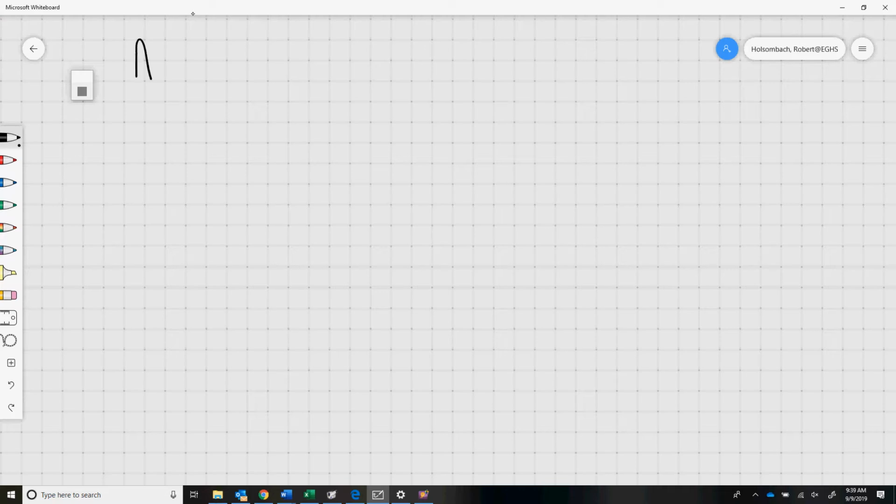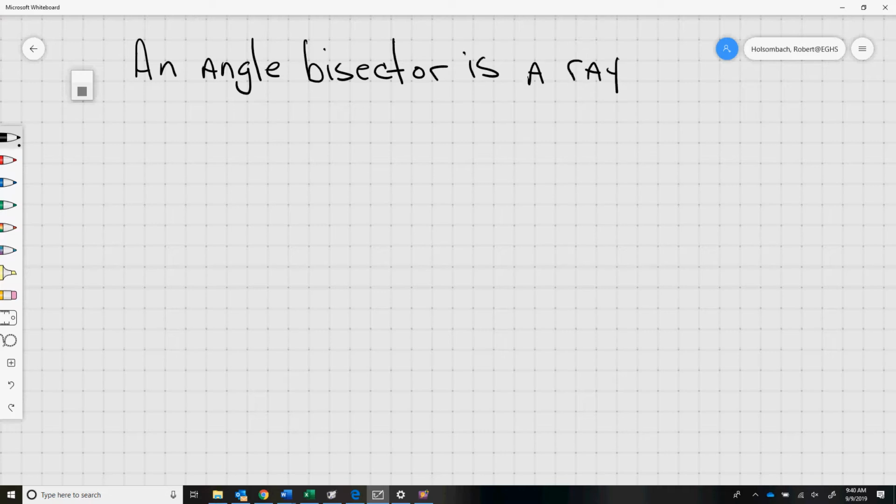A bisector is a ray that divides an angle into two congruent angles.